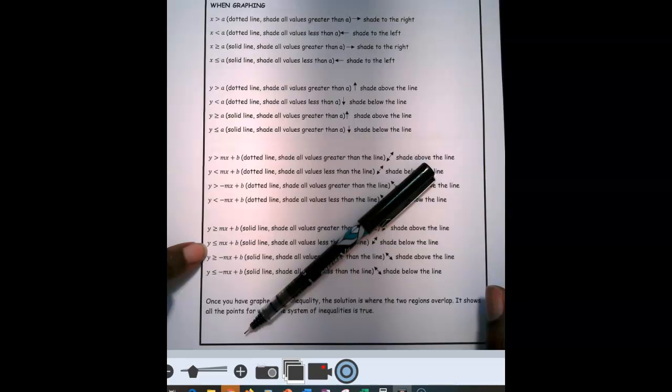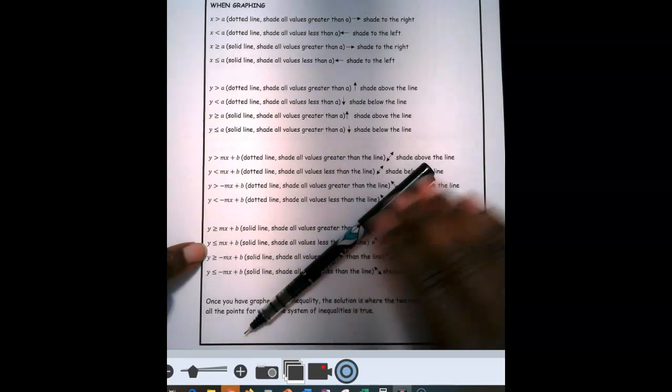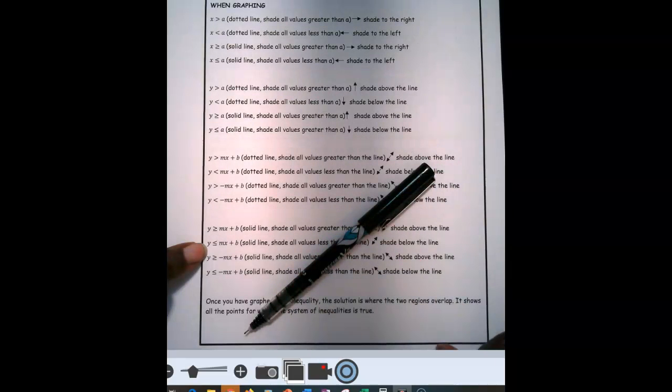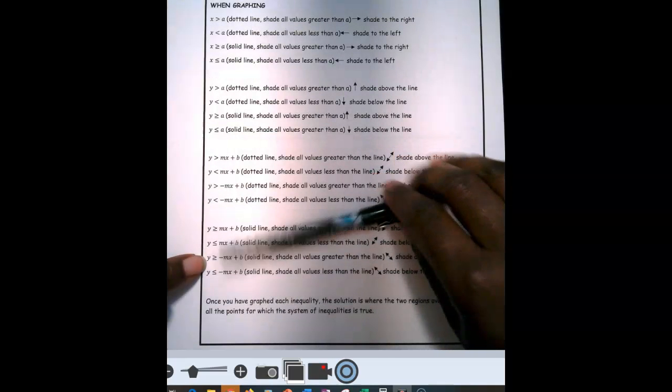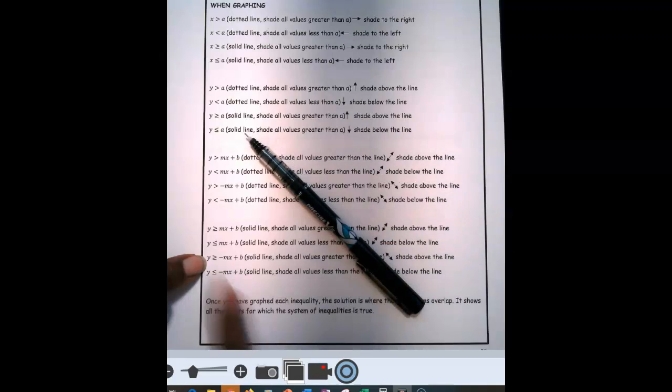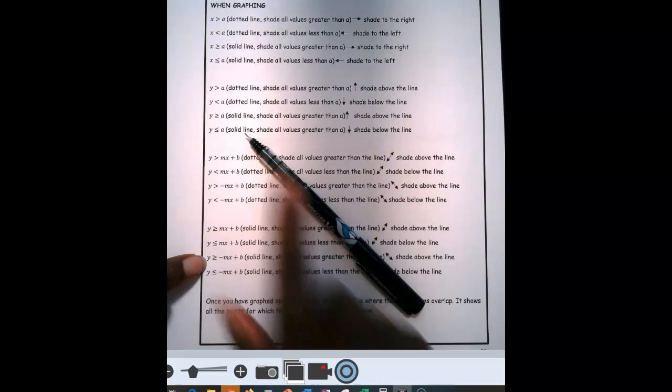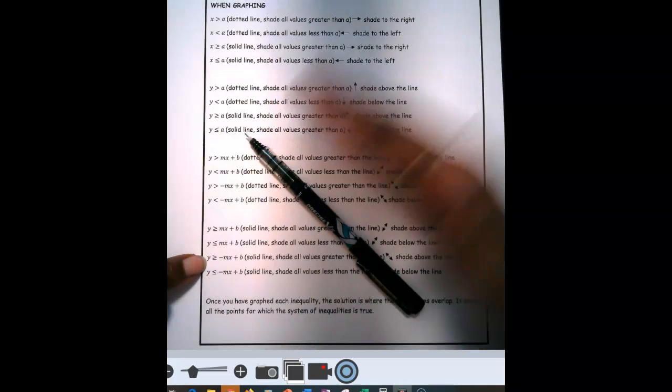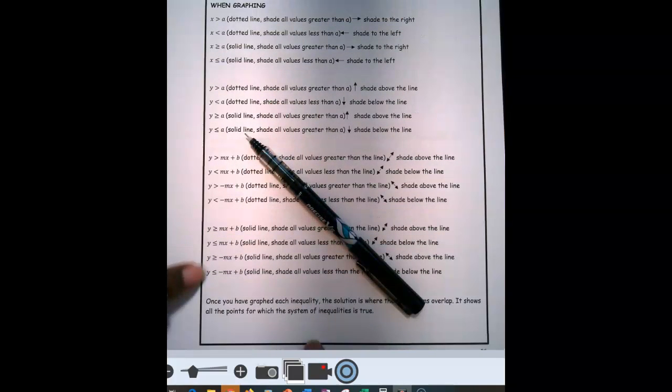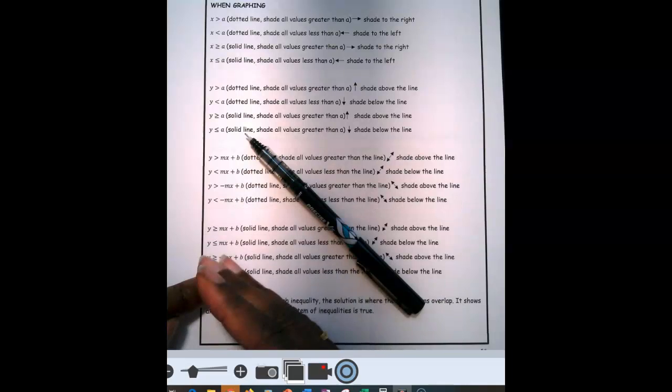If it's y is less than or equal to, that means I'm going to have answers on this line and below it. If it changes and my slope is negative, but all my y values are greater than or equal to this line, I'm going to have answers on this line and everything above it. If y is less than or equal to this negative slope, then I'm going to shade everything below it.